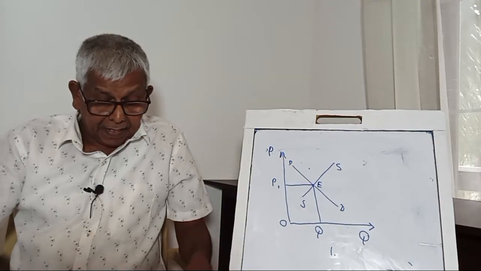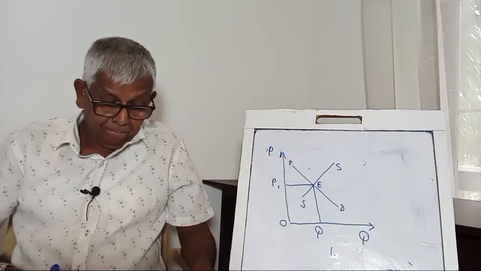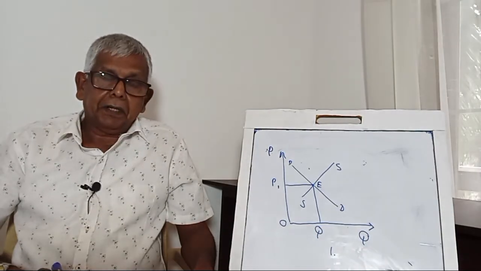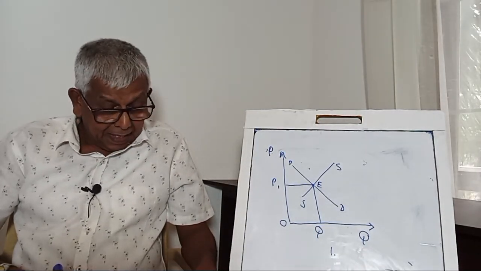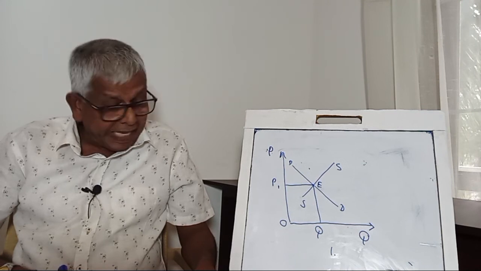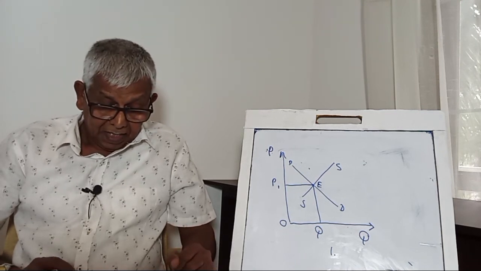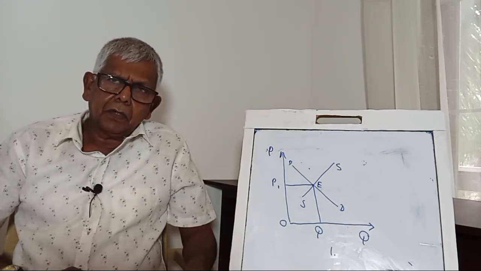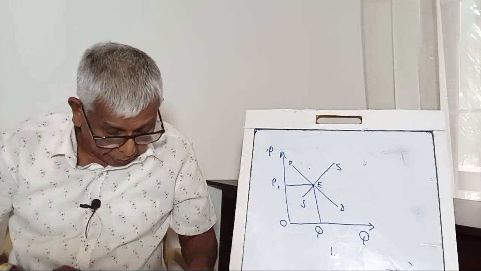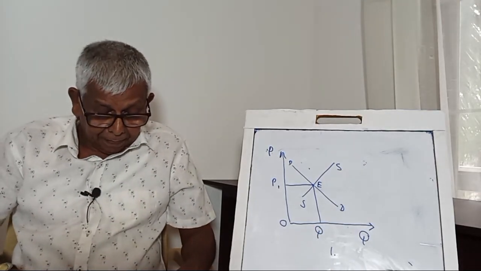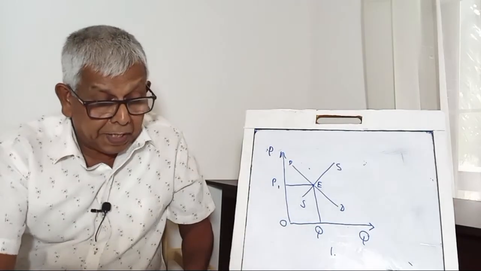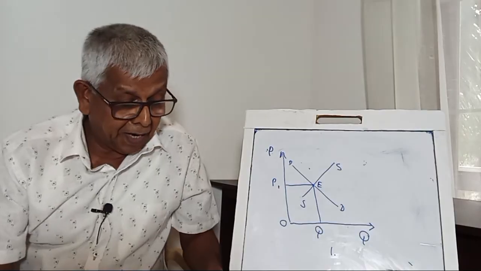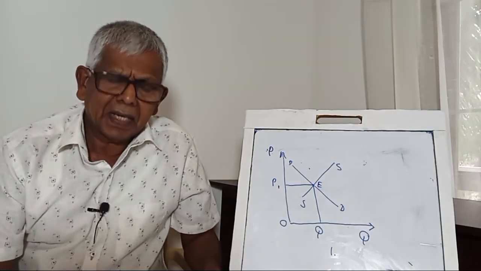D and S are the demand and supply curves respectively. They intersect at E, where the amounts demanded and supplied are equal, OQ at the price OP, in the absence of change in demand and supply conditions.